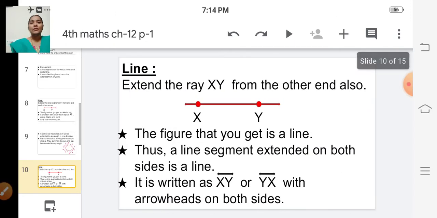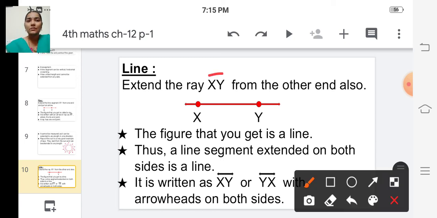Okay. The next one is line. Extend the ray XY. Ray means we have to put an arrow mark. Extend the ray XY from the other end also. The figure that you get is a line.